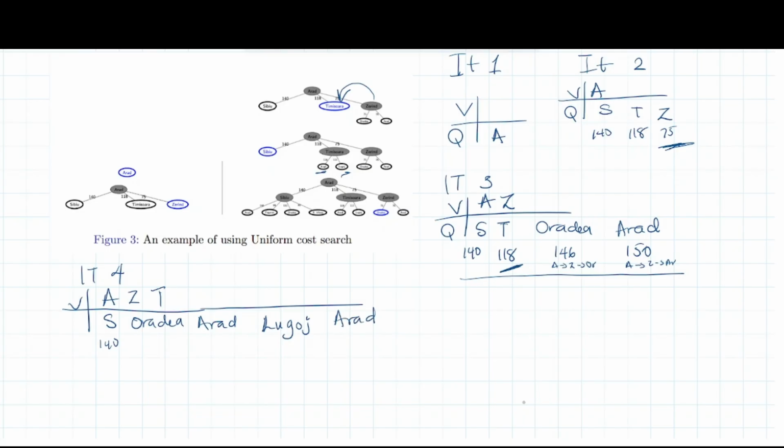In this case, Arad is going to be 118 plus 118, which is 236. We can write A to T to R so that we can differentiate from this R, which is 215, 146, A to Z to Oradea and this A to Z to R. Next, Lugoj is simply 118 plus 111. That would be 229, so that's A to T to Lugoj.